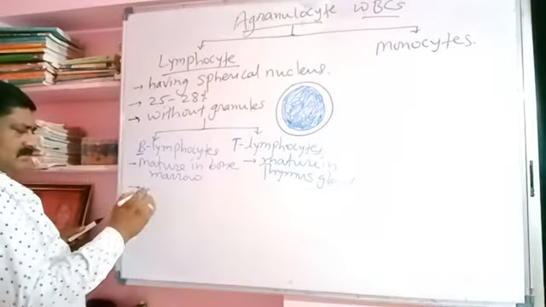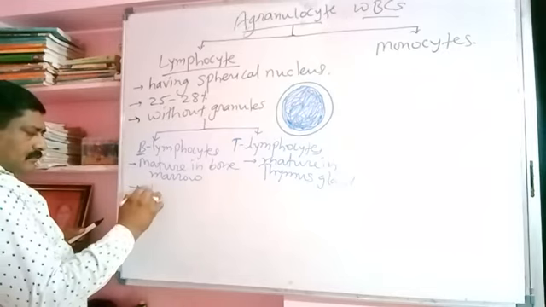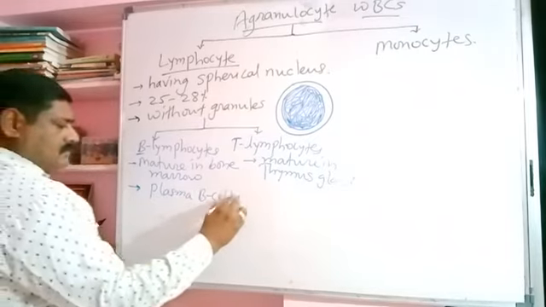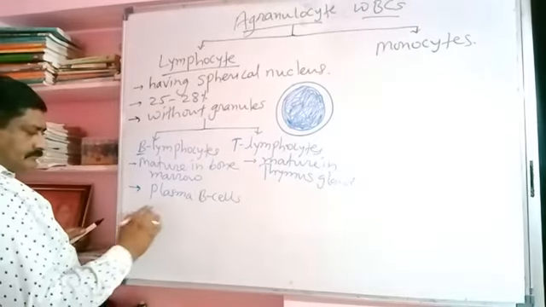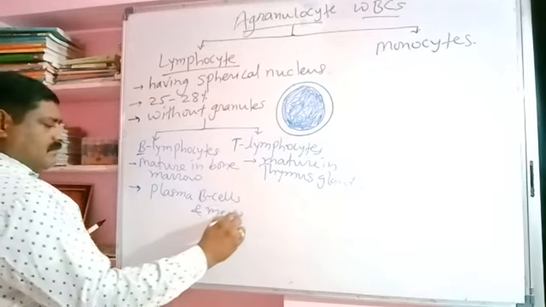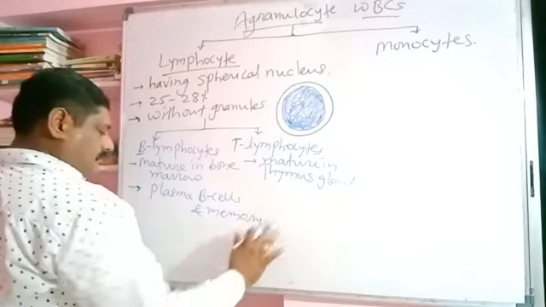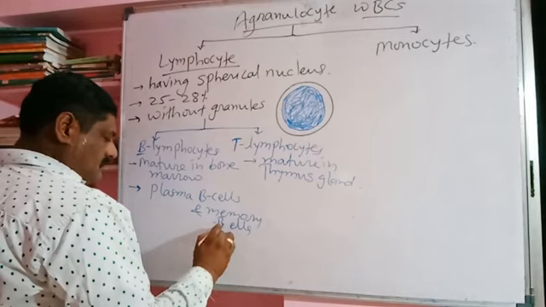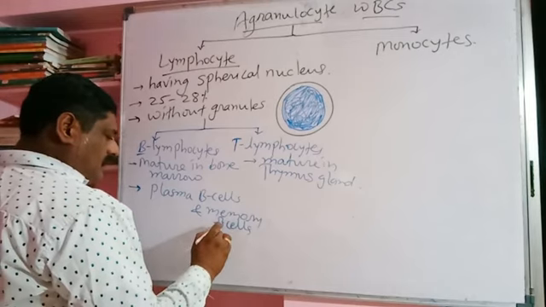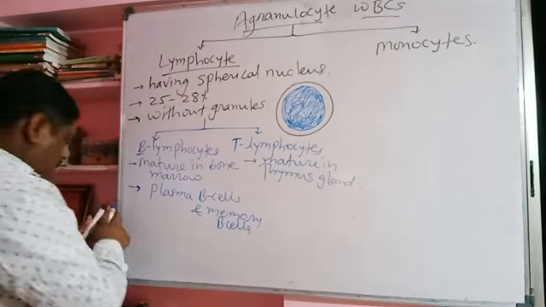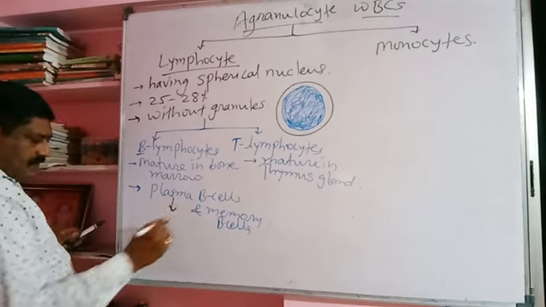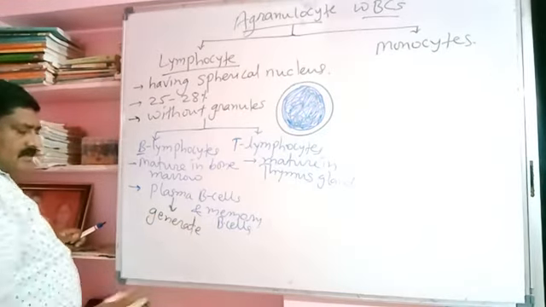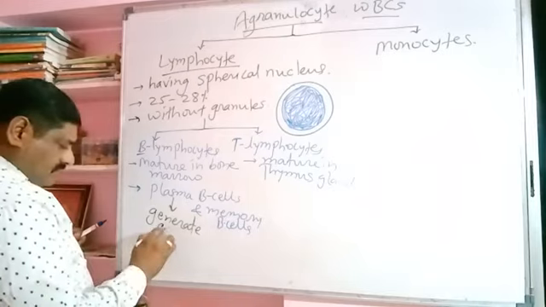The B lymphocyte cells divide to form plasma B cells and memory B cells. Plasma B cells divide and redivide to form a clone of plasma B cells that produce antibodies in response to antigen.